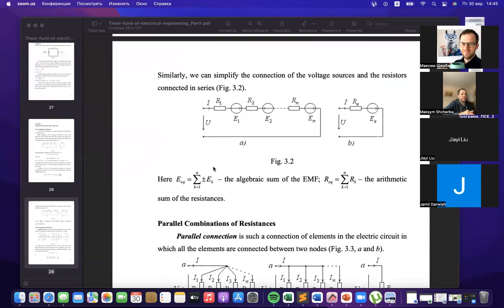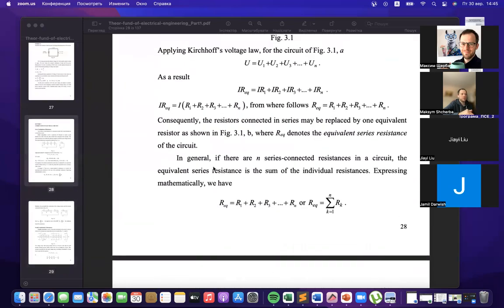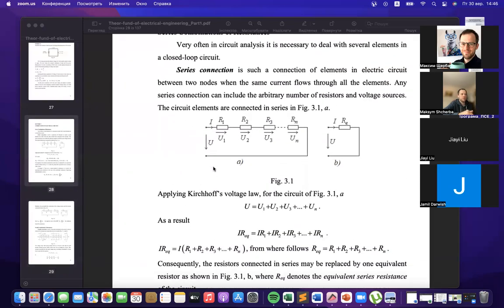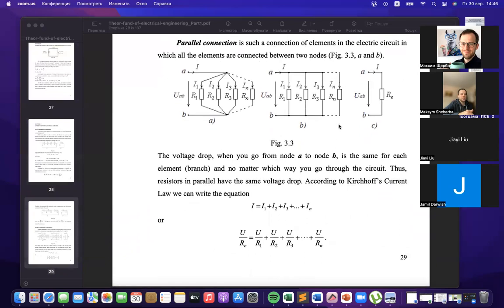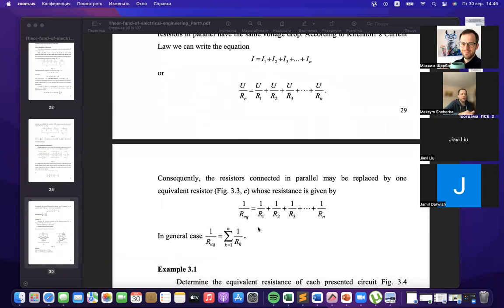We could say that for serial connection we are adding resistivities. For parallel connection, we are adding conductivities. And we prove it from the general laws of Kirchhoff and Ohm's law.